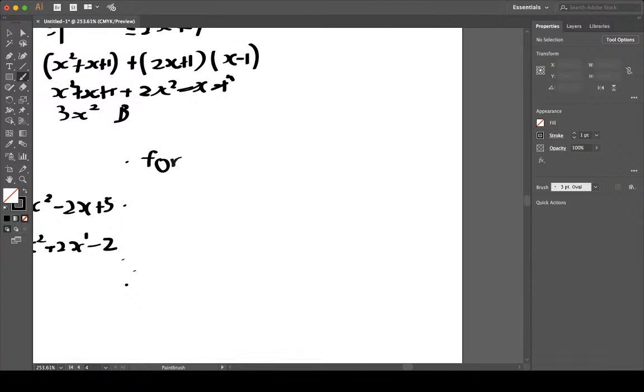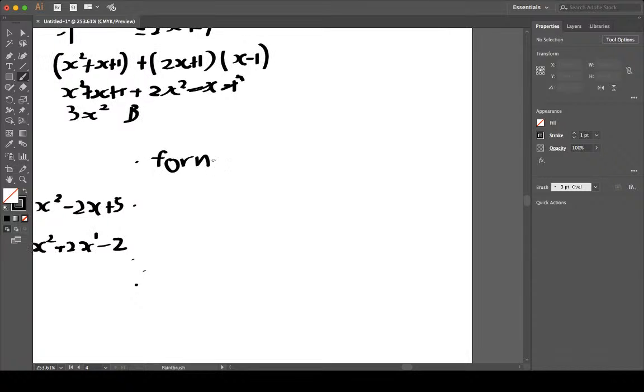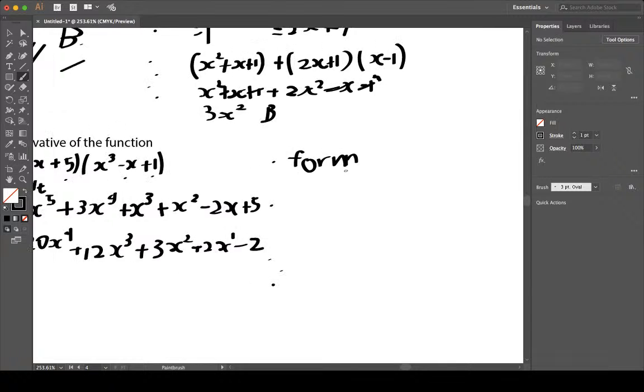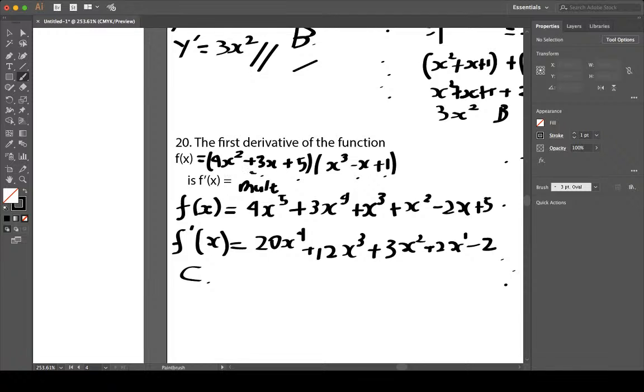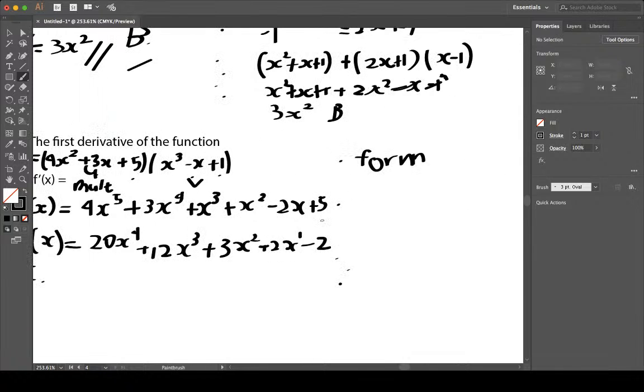So to do the product rule, let's assume this to be U and this to be V. Same thing. Let's first try to find what U prime is.